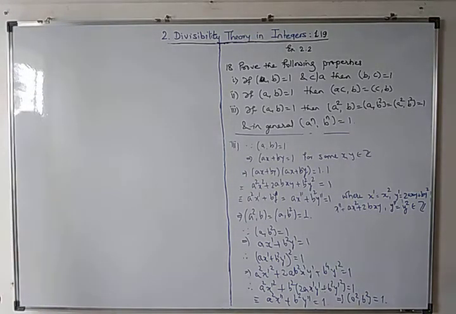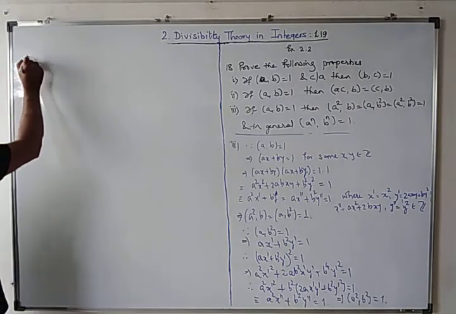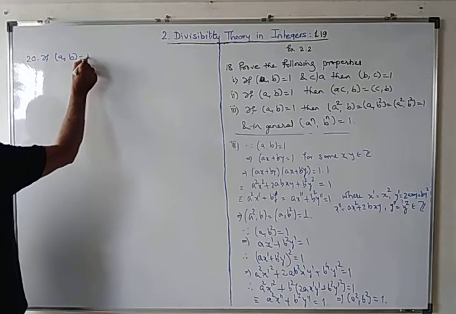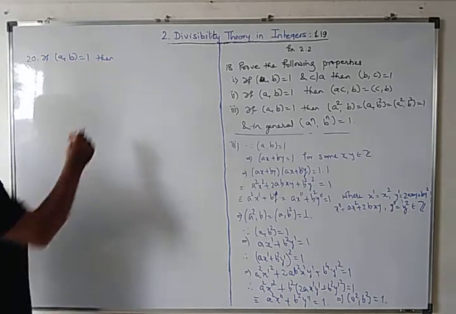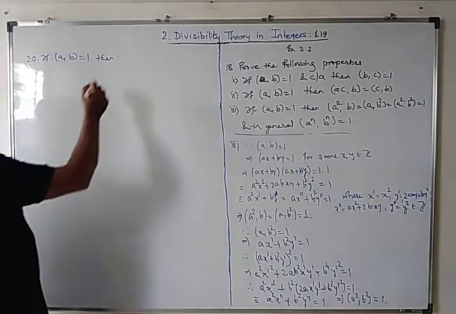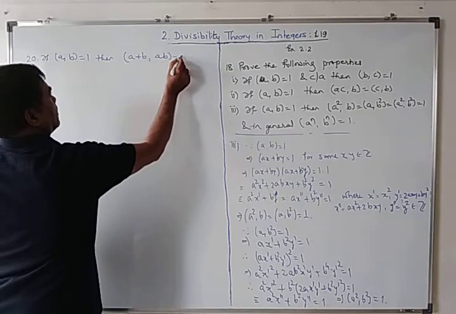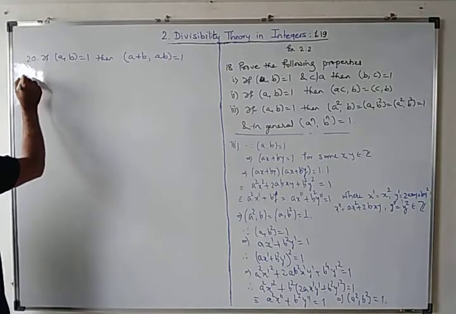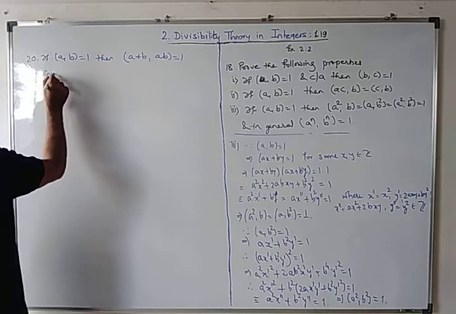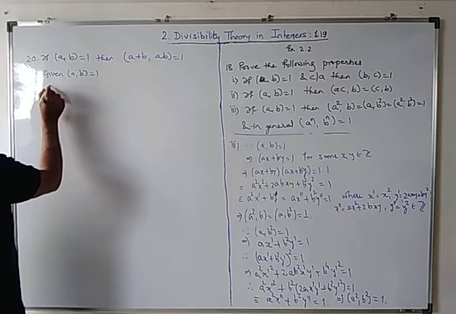Next example, 20th: prove that if GCD of a, b is 1, then GCD of a plus b with ab is equal to 1. So given GCD of a, b is equal to 1.